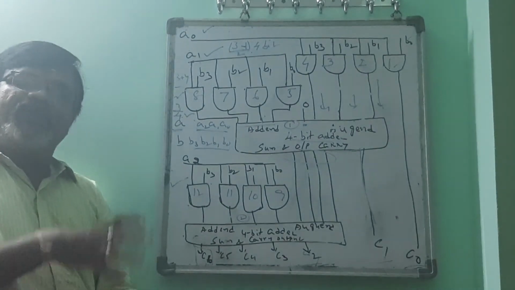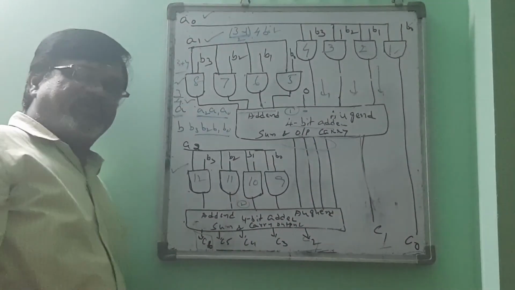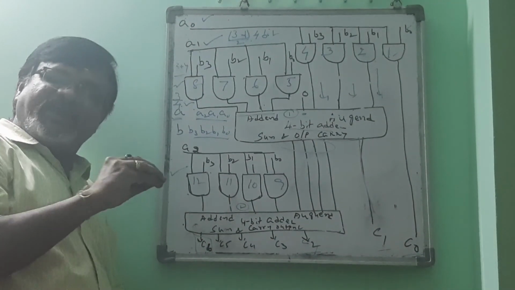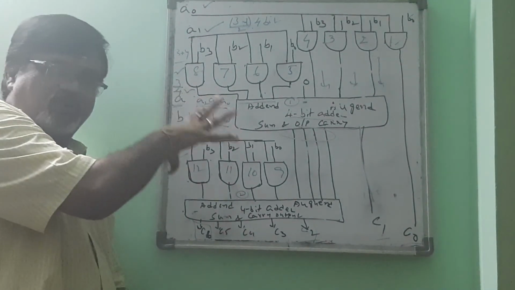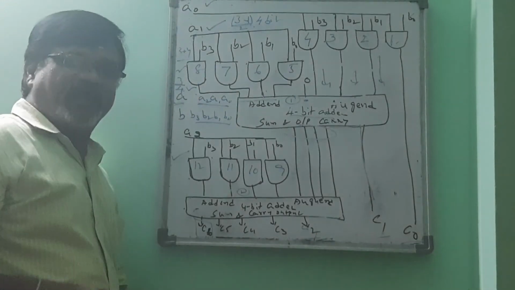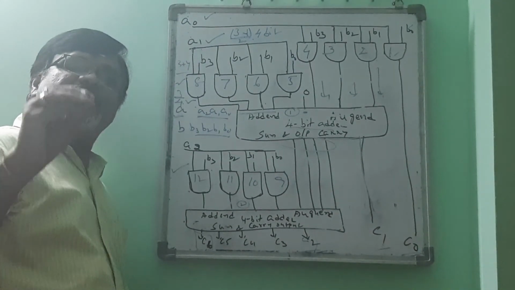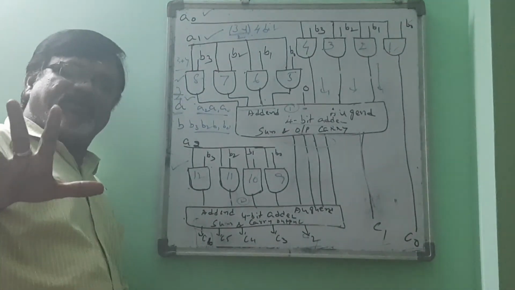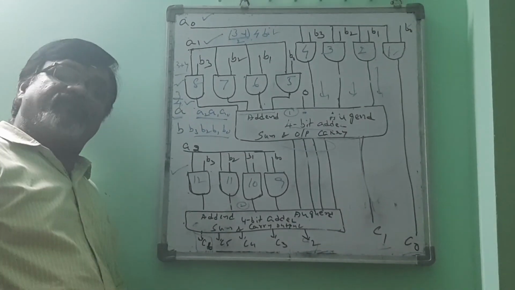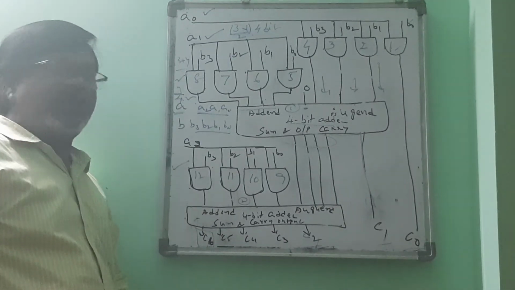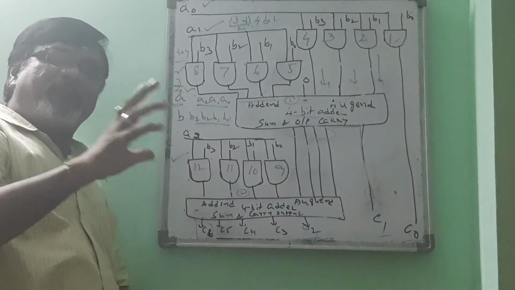So totally in this multiplication, in the previous session we discussed the general procedure for performing the multiplication operation, and in today's session, at the very beginning, we explained Booth's multiplication algorithm that is more efficient than the previous one, and also the multiplication of two signed magnitude numbers, and this is the array multiplication.